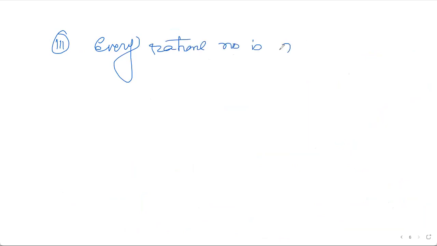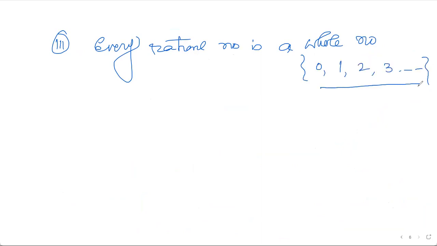And then they say every rational number is a whole number. You know, whole numbers starting from 0, 1, 2, 3 cannot be fractions.